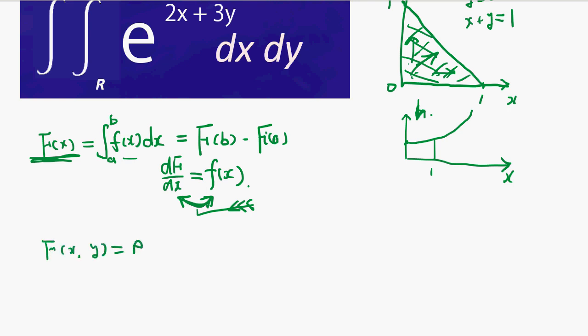In this case, if you dare to say f x y is 2x plus 3y, because this shows a height, right? Multivariable derivative is 2 dx plus 3 dy.